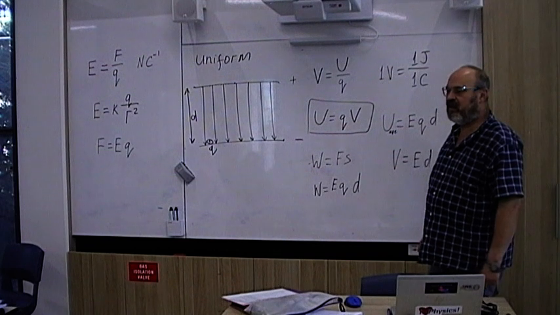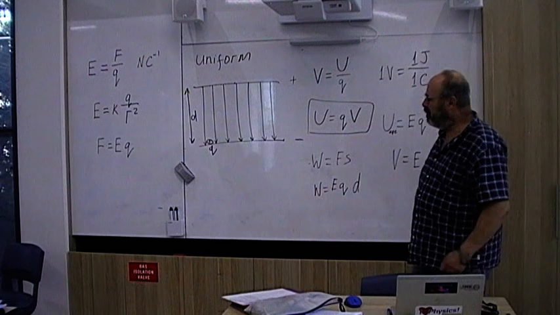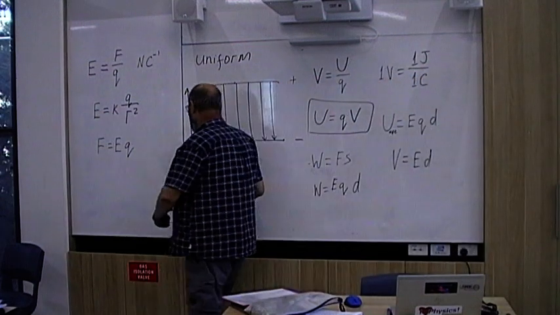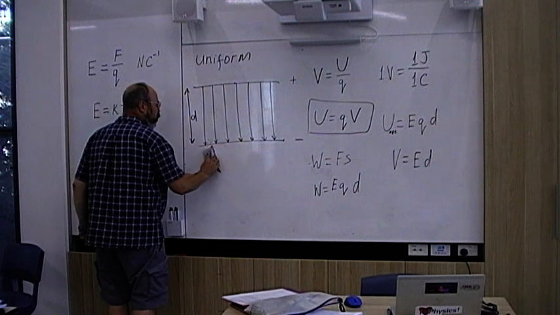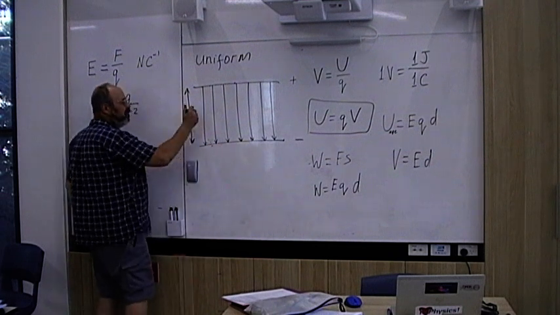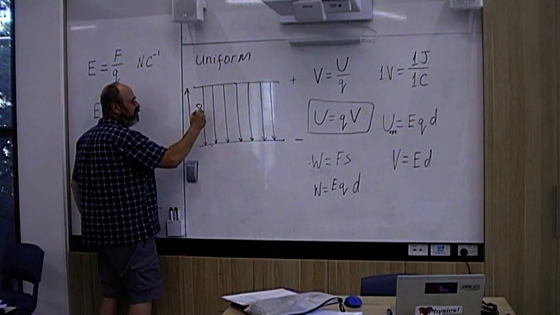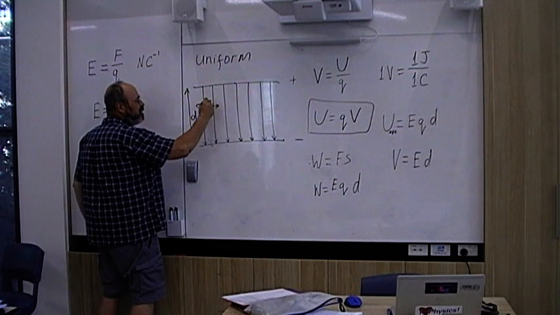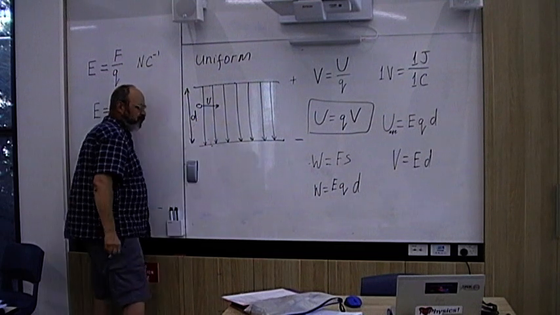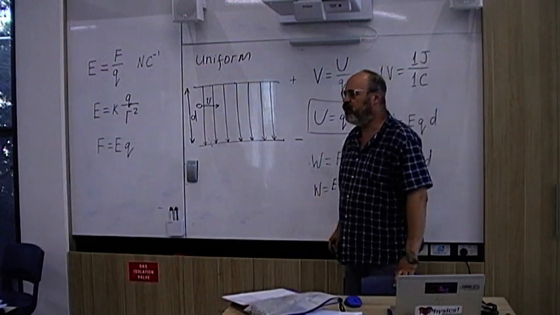And let's consider, let's say we throw an electron from the side with a speed, let's say with a speed v. How will this electron be moving?